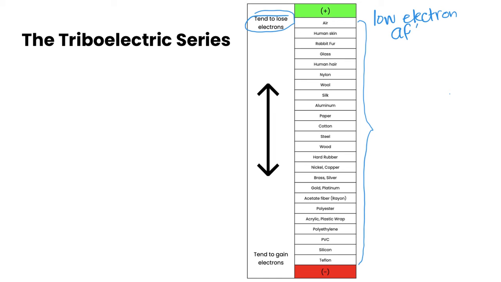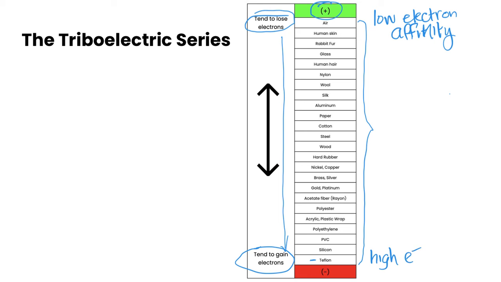And so if they have a low electron affinity, it means that they are going to be more likely to be positively charged. And then it lists them all the way going down to here. Teflon is our object that tends to gain electrons the most, or these are the ones that have high electron affinity.